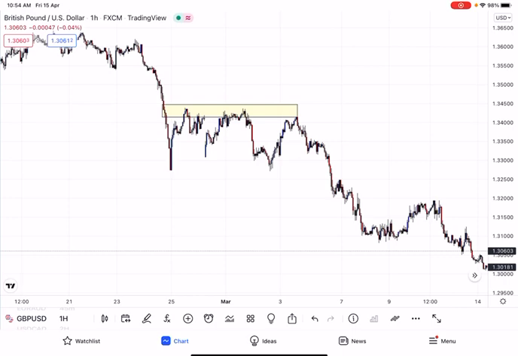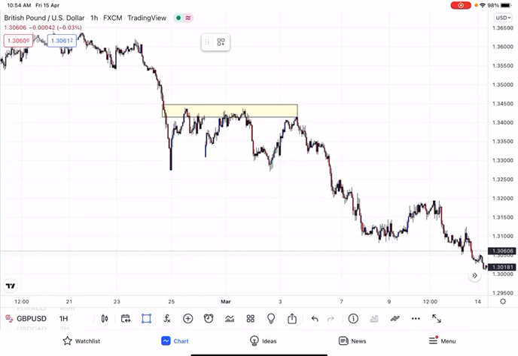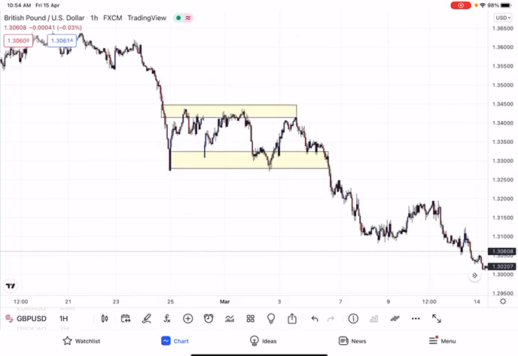The price reached this area, you have multiple touches, and then it was rejected, prevented from going any higher. Now, your support zone would be here. You can see also multiple touches where the price touched 1, 2, 3, 4, 5 times without going any lower. This is your support and resistance.